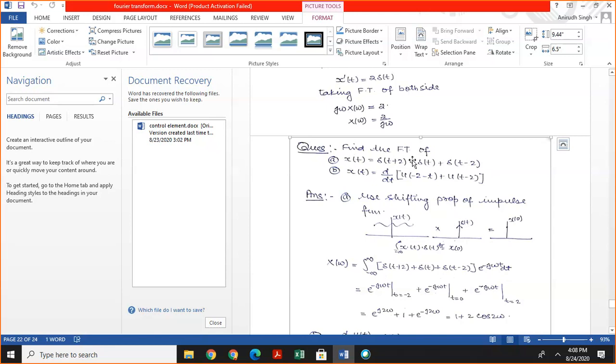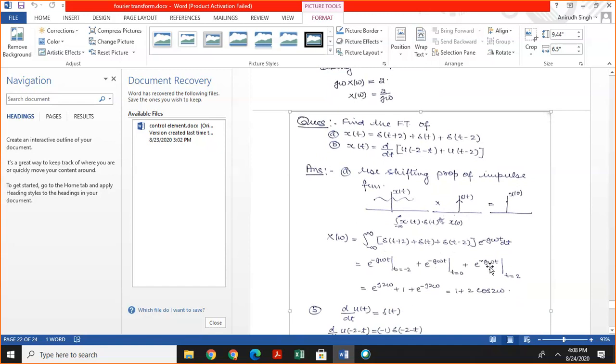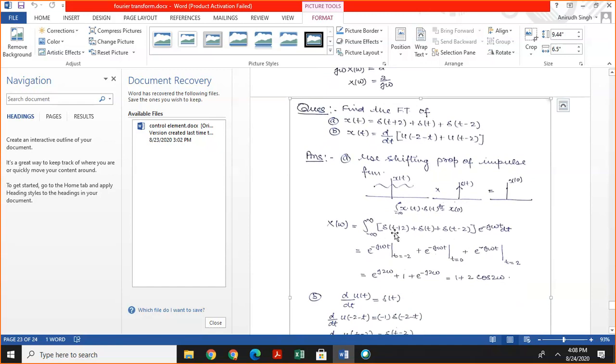So if we take the Fourier transform of both sides in this question, then we get X of omega is equal to integration from minus infinity to plus infinity of x of t multiplied by exponential minus j omega t dt. Due to this impulse function delta t plus 2, this function is shifted to t is equal to minus 2.